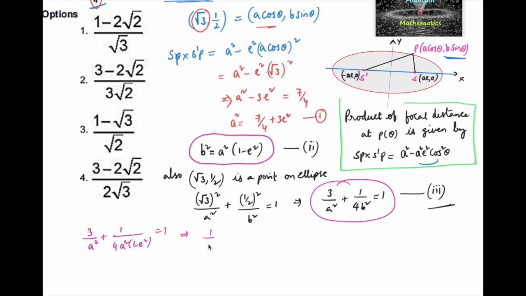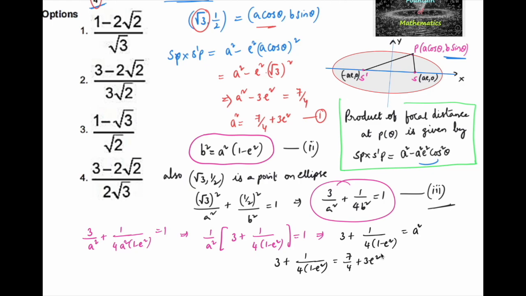So we can take out 1 upon a square common: 3 plus 1 upon 4 times (1 minus e square) is equal to a square. And also from the first equation, a square is 7 upon 4 plus 3 e square. So here we can write 3 plus 1 upon 4 times (1 minus e square) is equal to 7 upon 4 plus 3 times e square.